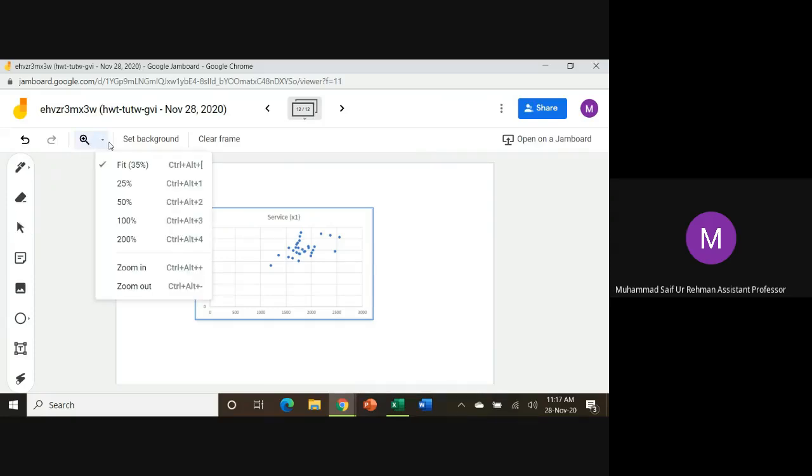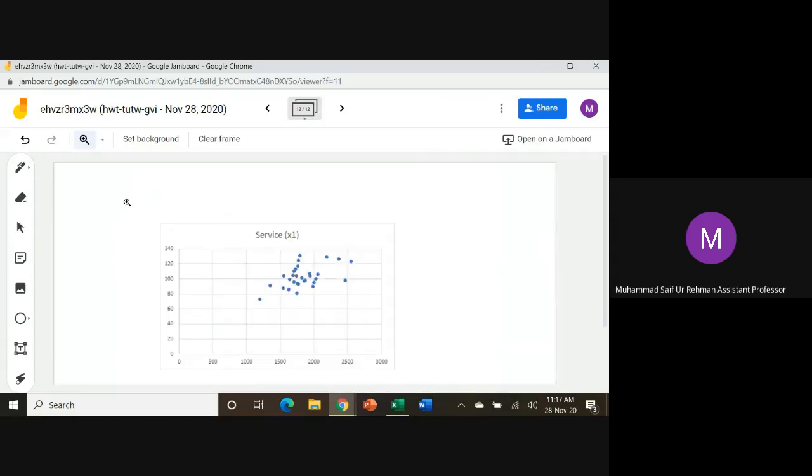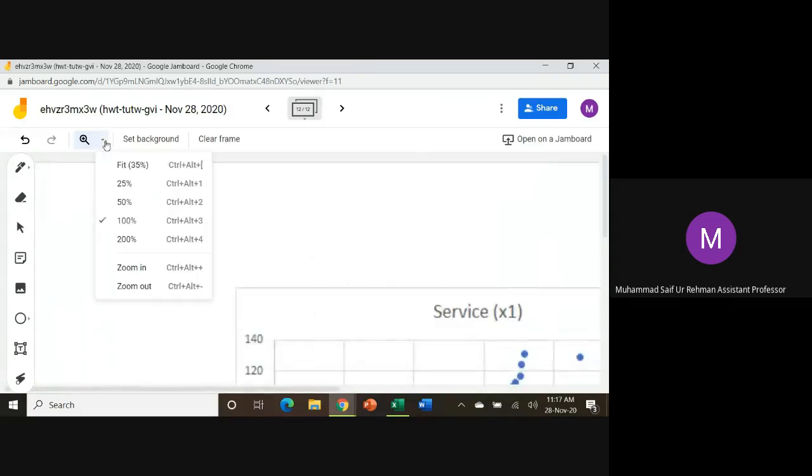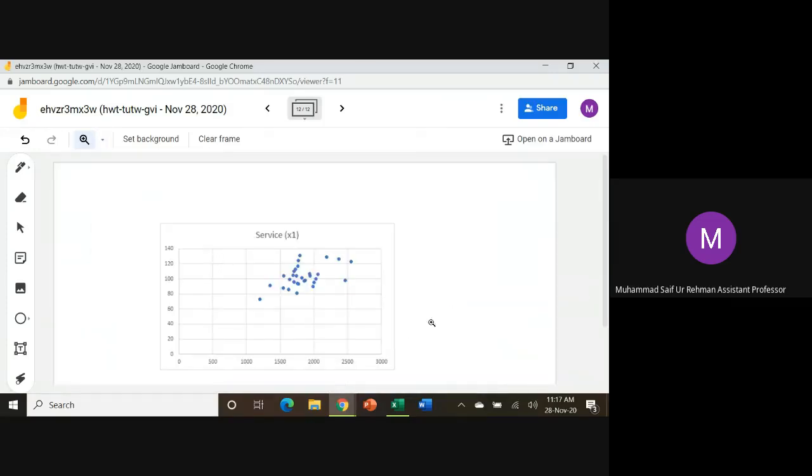I think this is the appropriate size now. Oh, this is so big. So at 50% it is.